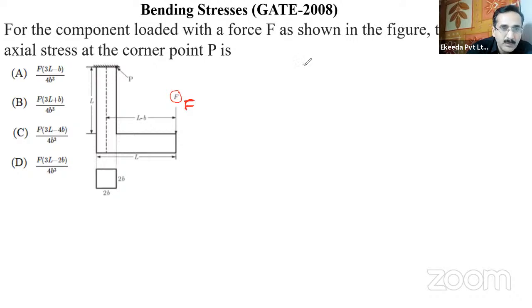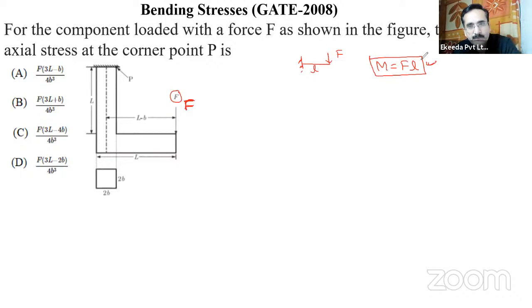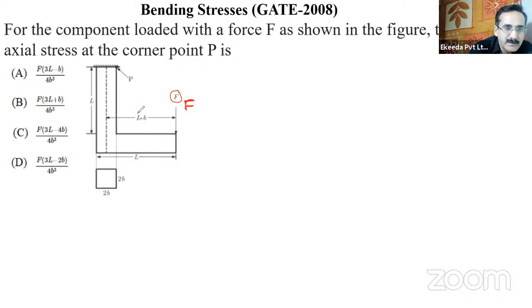Whenever a load is applied at a certain point, bending stress will be acting, and the bending moment will be given by F into L. Similarly here, this force is acting at a distance of L minus b. So the bending moment will be force multiplied by L minus b.